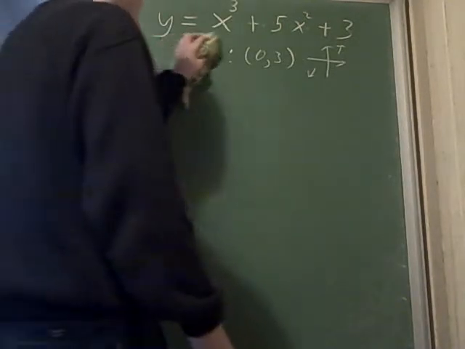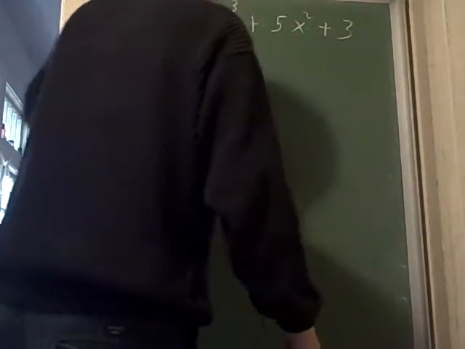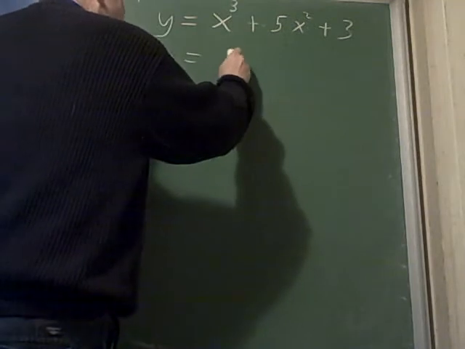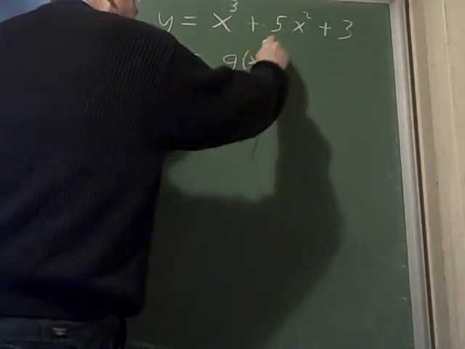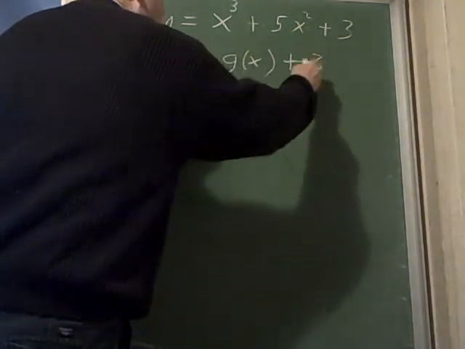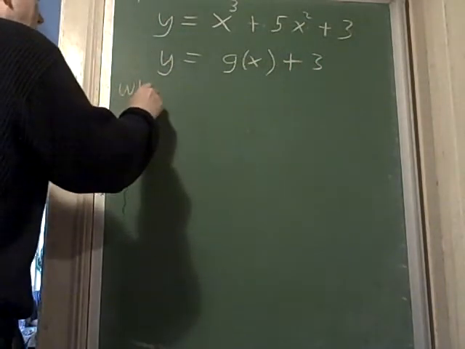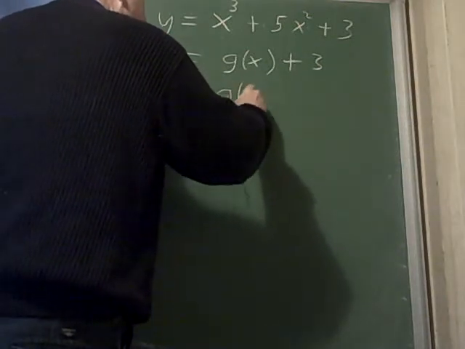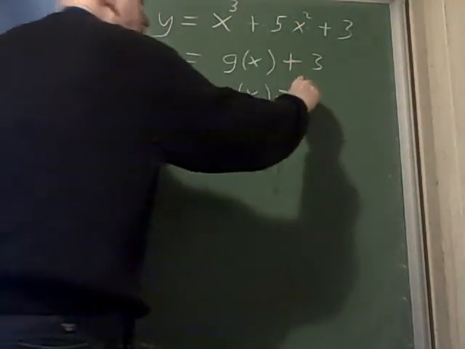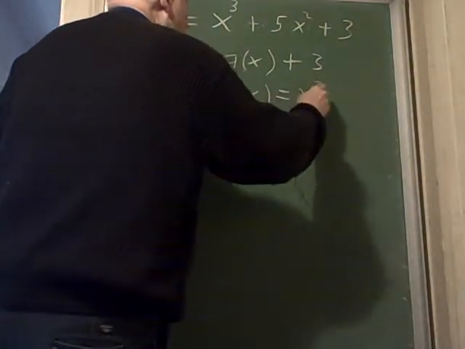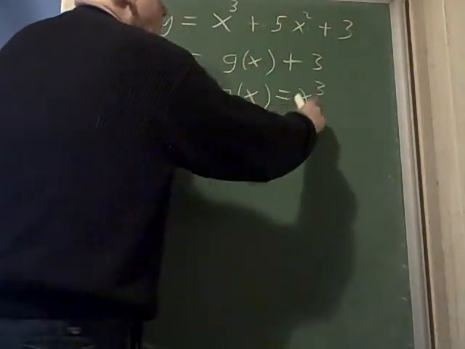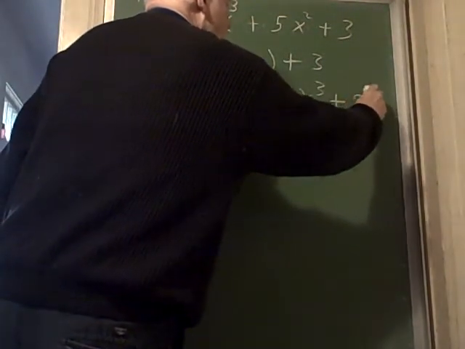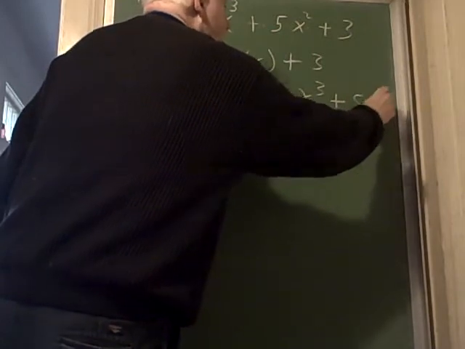But there's a nice little trick you can use to draw a pretty good graph of this. What you do is you define this as y equals g of x plus 3, where g of x equals x cubed plus 5x squared.